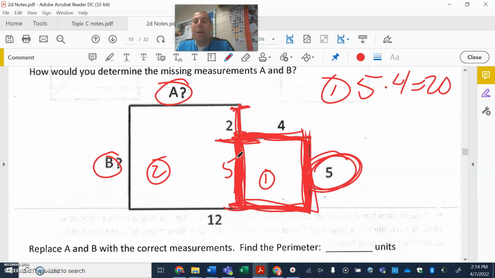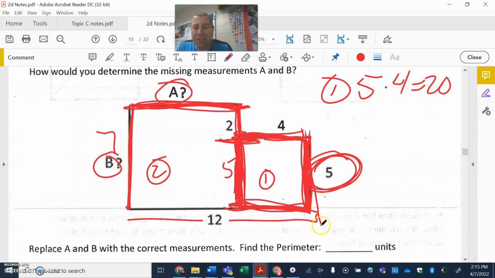Because I know it's 7 tall, do I know how wide it is? Well, I can come down. Be careful, it's not 12. 12 is the entire distance across. If we look at this, I only want this portion. I can see this 4. If the entire distance is 12, we've already used up 4.